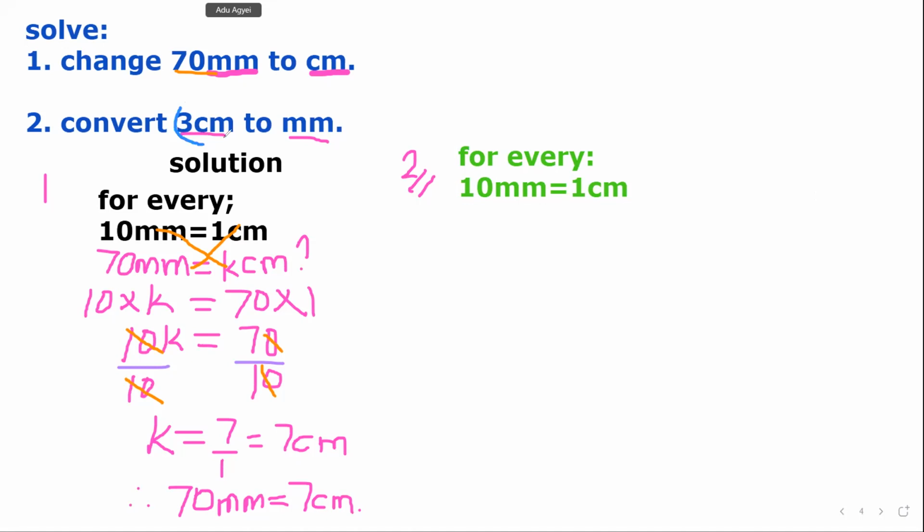We are changing the 3 centimeters here. This time we have the arena for the centimeters. You need to record the 3 centimeters under the centimeters arena, and then you choose a letter to represent the millimeters that you wanted to change to. So here will be the 3 centimeters, under the centimeters, and then you choose any letter, which is K millimeters.